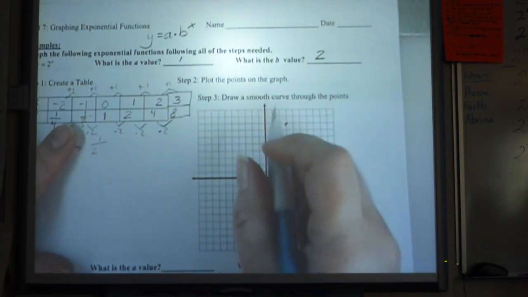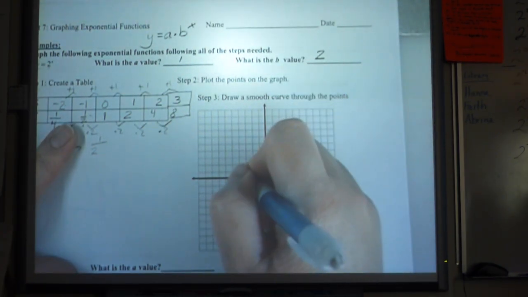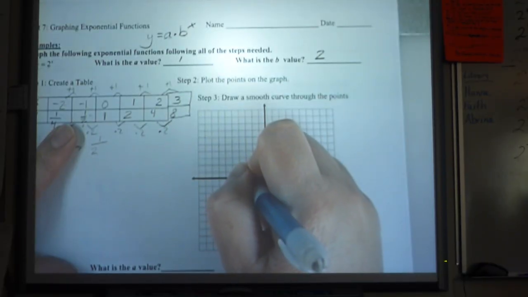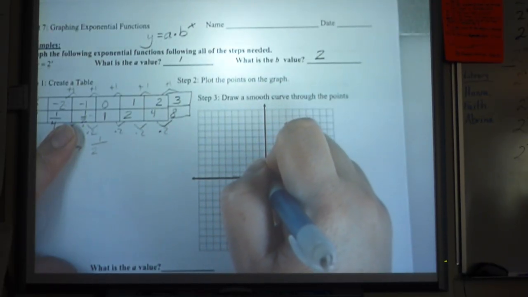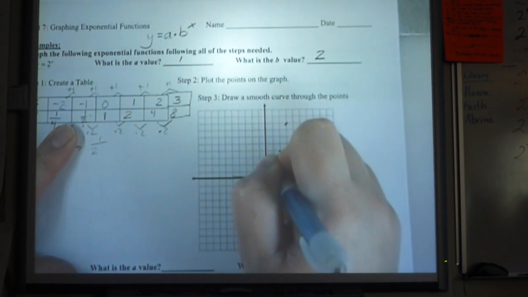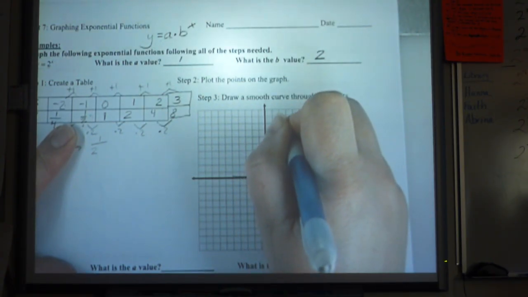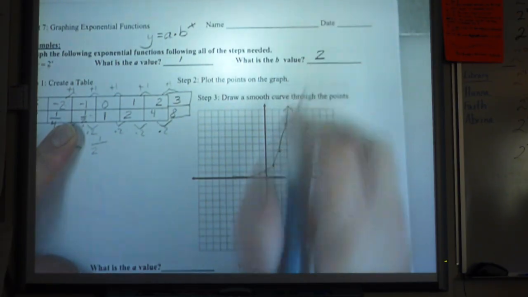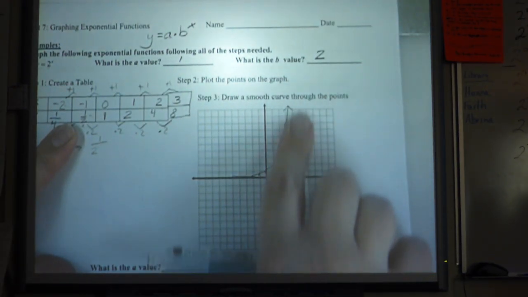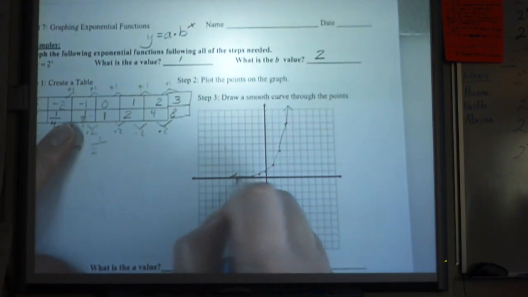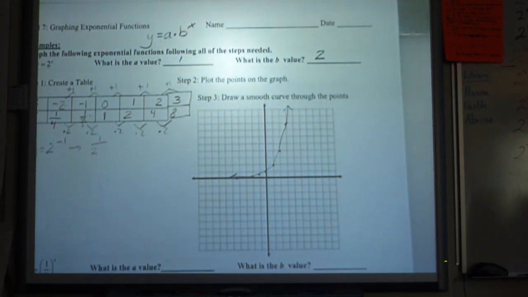Okay, so we have these points. We know we're approaching 0 on the left, but we'll never actually touch it. Do your best to smooth out that curve. Mine's a little straight there. Okay, and we see it start to grow gradually, and then it takes off. Exponential growth.